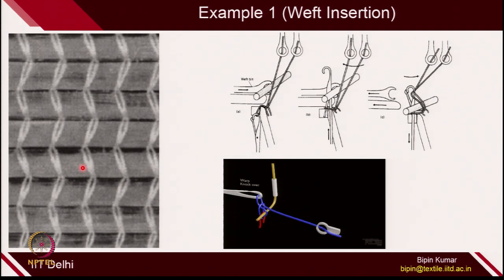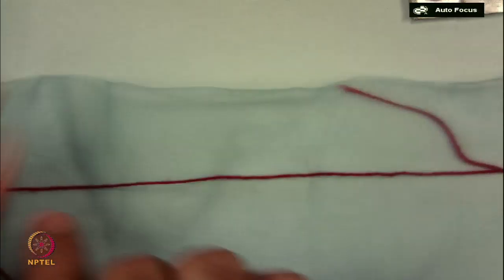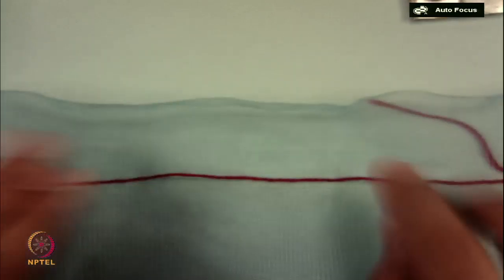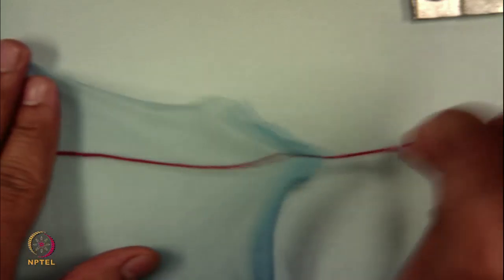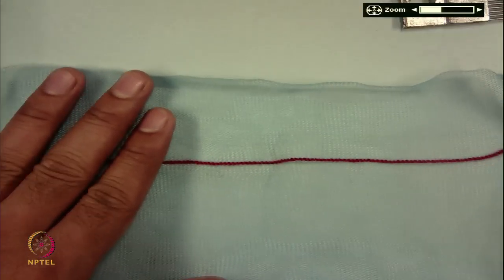I have also made one simple fabric showing you how the inlay was created. You can see this is the inlay yarn which I have inserted in the fabric structure, and this is the part of the fabric. You cannot pull it out because it is held tightly by the underlap. So, let me show you how I created this.